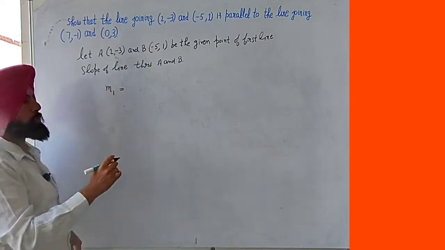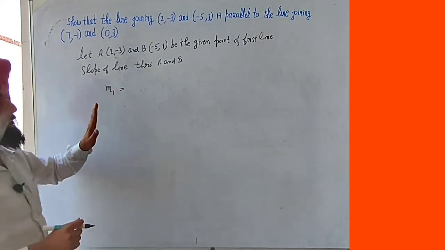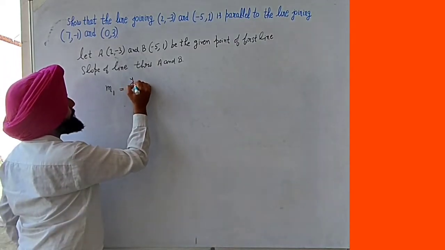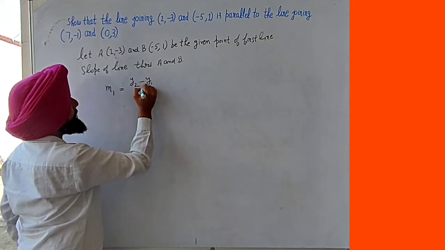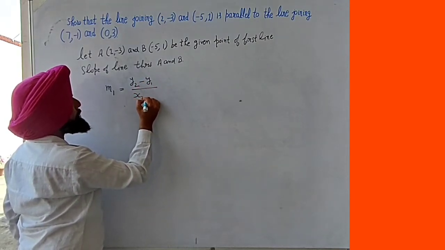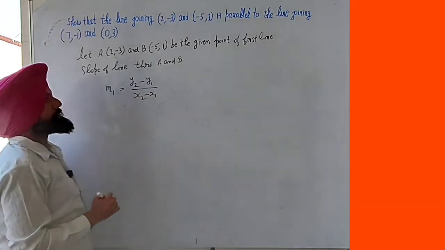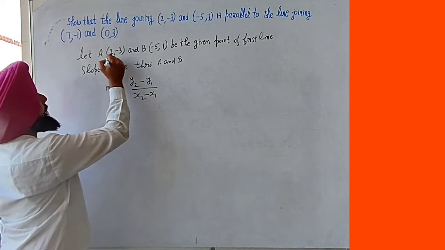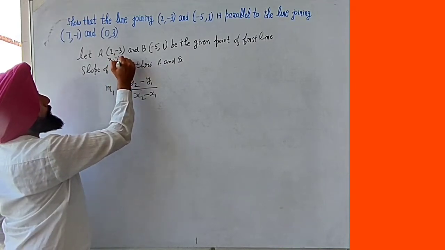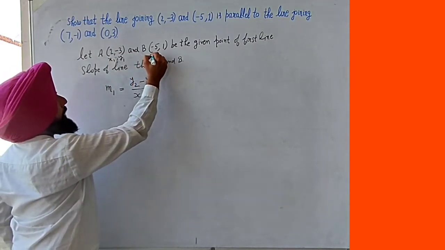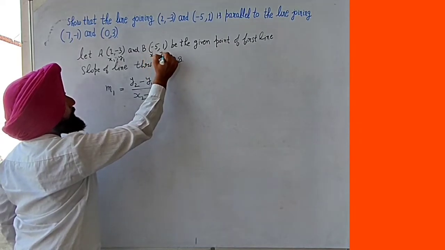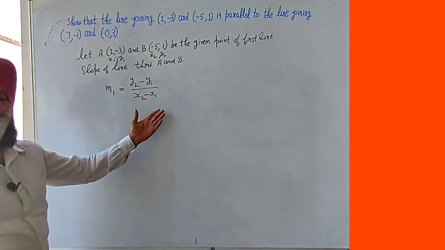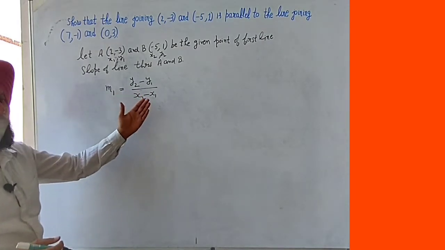We know the slope of a line, M1, because we have two lines, so first the naming M1, is y2 minus y1 over x2 minus x1. Now in this case x1 is 2, y1 is minus 3, x2 is minus 5, y2 is 1. So put the values of y2, y1 and x2, x1.